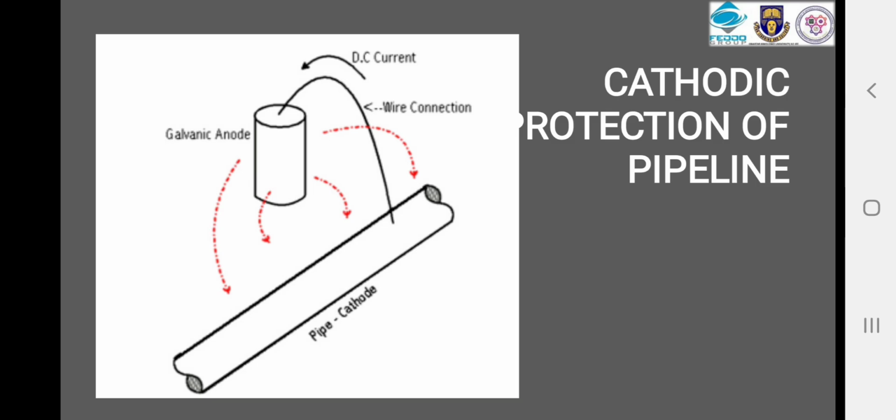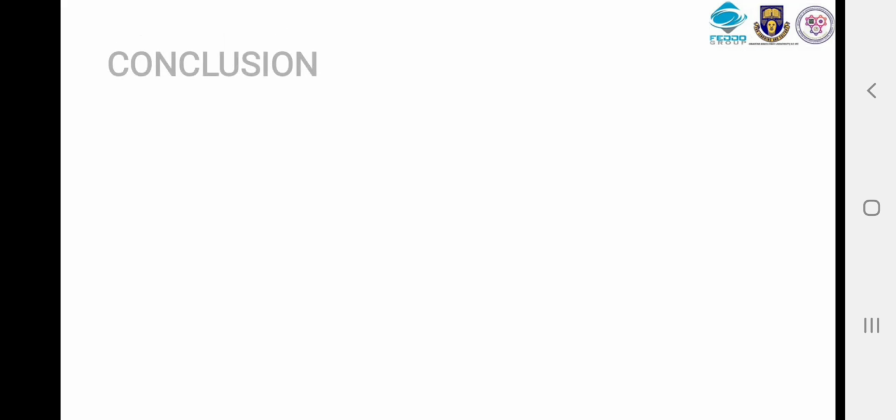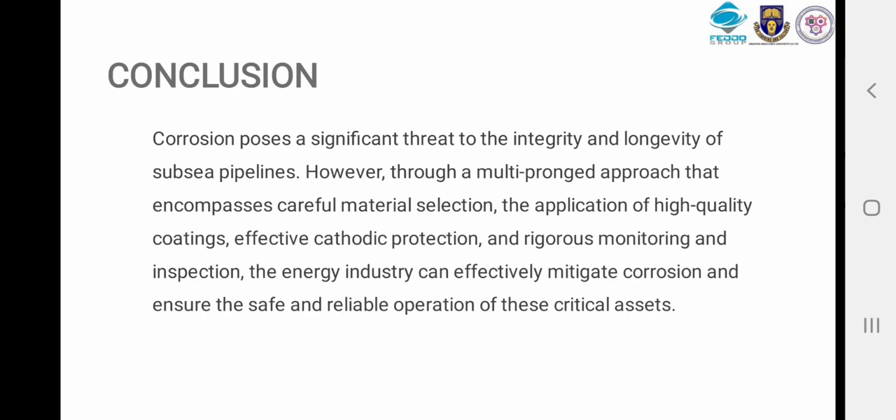The pipe will serve as a cathode, and a galvanic anode will be external, in indirect contact with the pipe, and then a direct connection will be made between the galvanic anode and the pipe. And when this continuous process keeps repeating itself, it will generate a resistance.